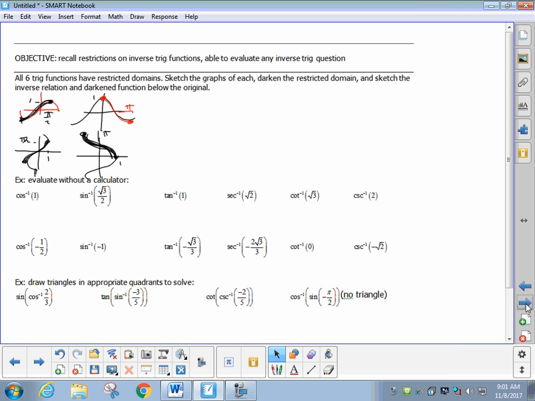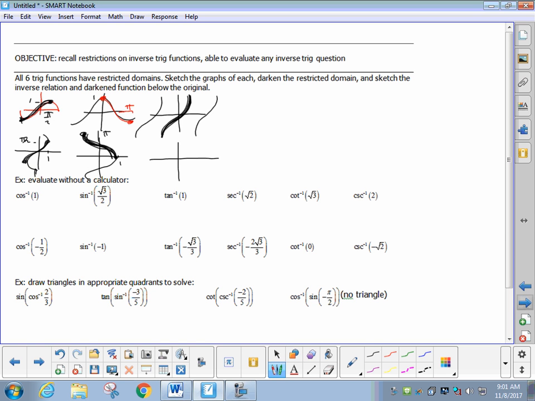Try the other 4. See to what degree you remember those. Tangent. Tangent, instead of having vertical asymptotes at negative and positive pi over 2, it'll have horizontal asymptotes at negative pi over 2 and pi over 2.